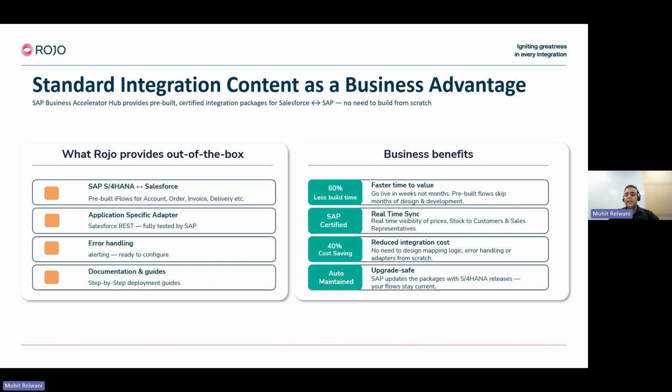All these things are real-time sync, and to set up all these from scratch requires cost, whether it is resource cost, licensing, or other hidden costs. So we have reduced those development efforts for an organization. It is almost a plug-and-play feature.